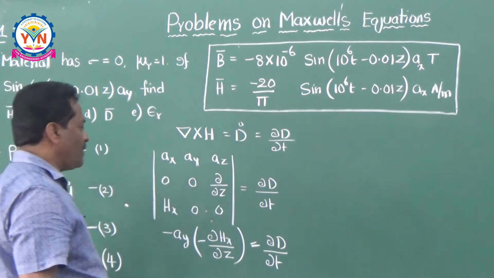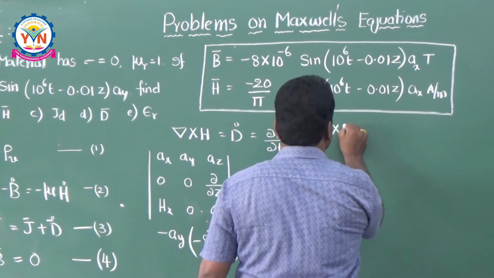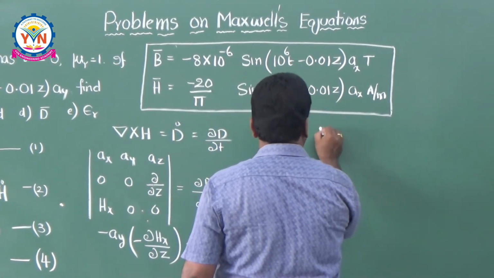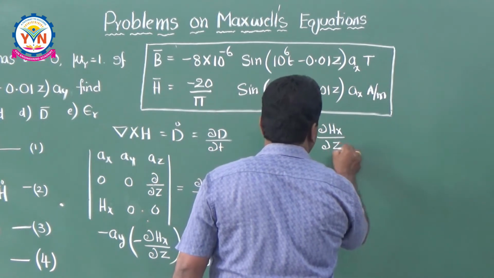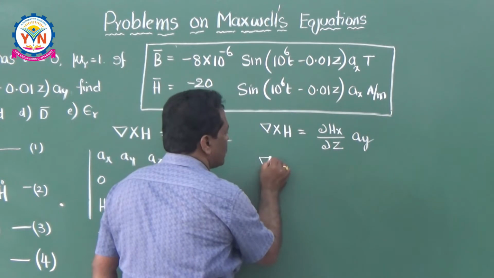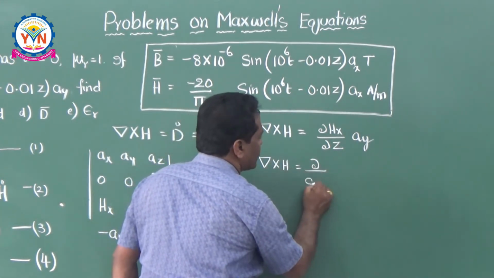So I can say your del cross h is equal to minus dou hx by dou z in ay direction. Therefore, del cross h is equal to dou by dou z of hx.